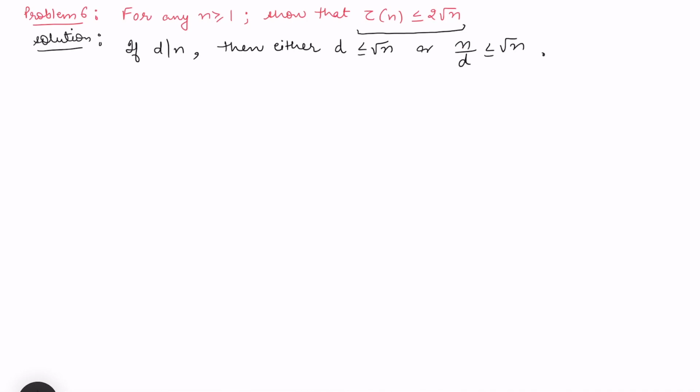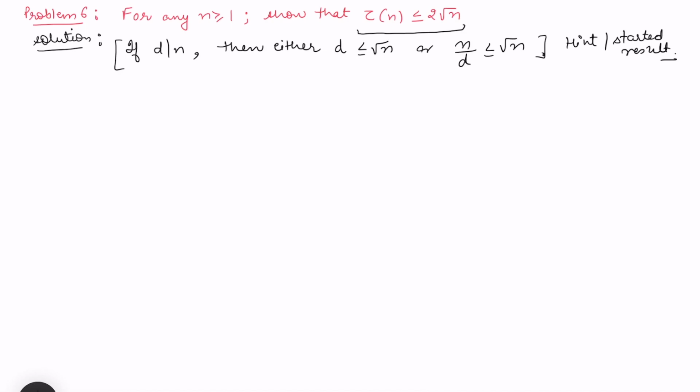So this result holds very quickly, because if we take d as the divisor of n, then d is always less than or equal to root n, and similarly n by d is also less than or equal to root n. So I'm going to use this as a result. So you can use this as a hint or maybe a starting result to prove this question, as this inequality always holds.